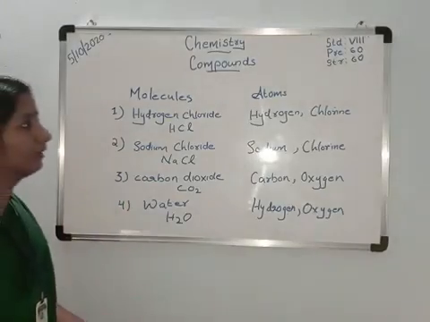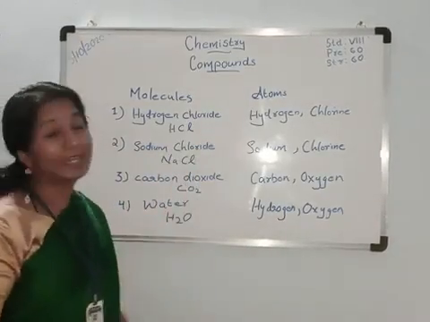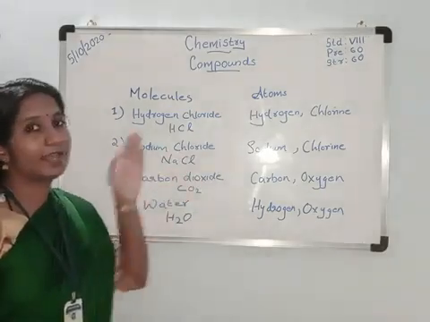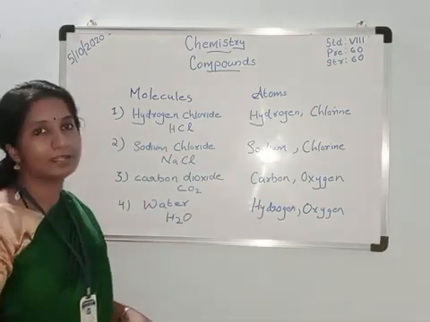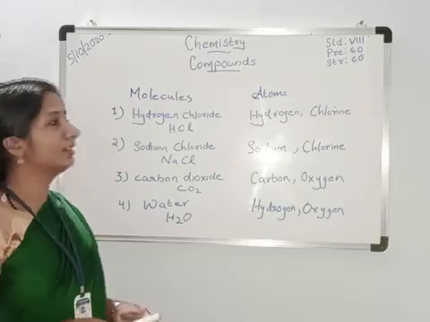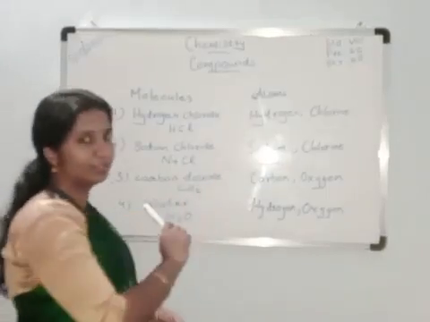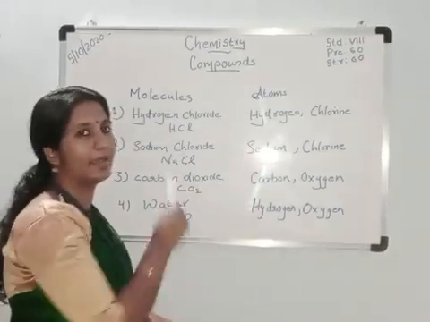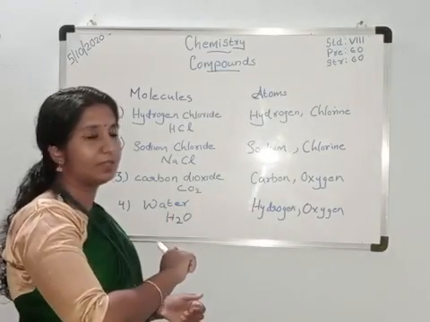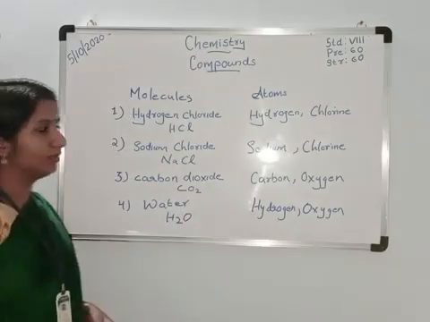Now my question is, are the atoms the same in all these cases? No, isn't it? Here we have hydrogen and chlorine, not both hydrogen. Hydrogen is a different element and chlorine is a different element.